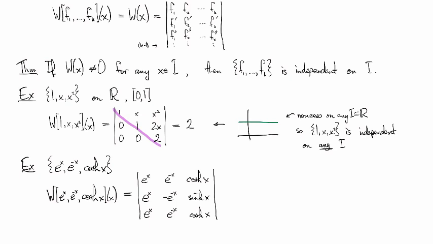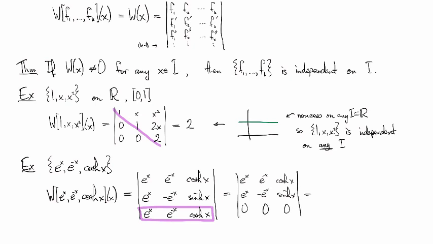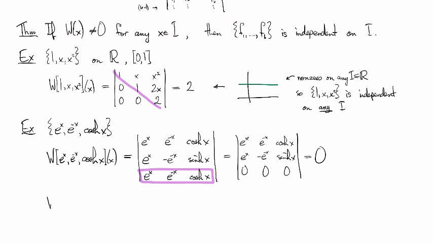So we've got to take this determinant, and at first it looks like a nasty mess. And then you realize that this third row is exactly the same as the first row. And so with one row operation, we can see that the determinant is going to be 0. And so this Wronskian is 0 everywhere.